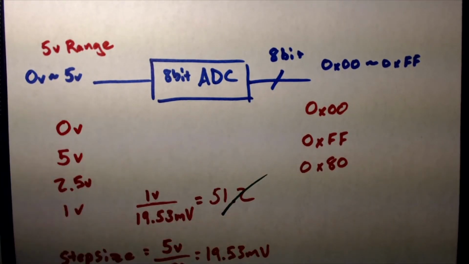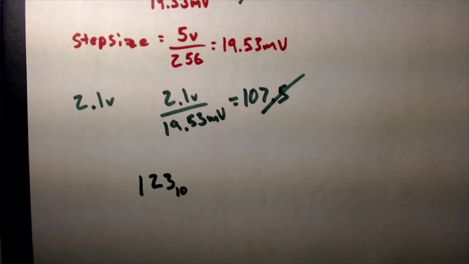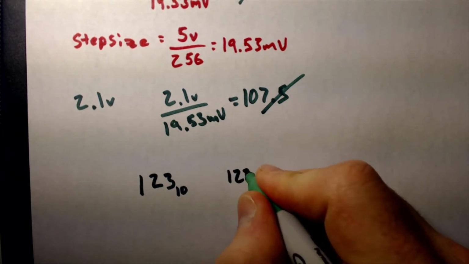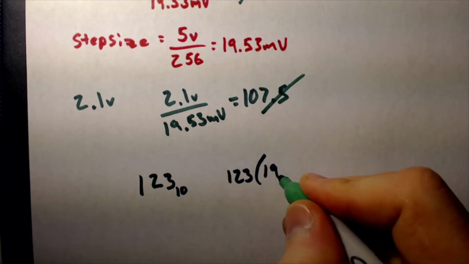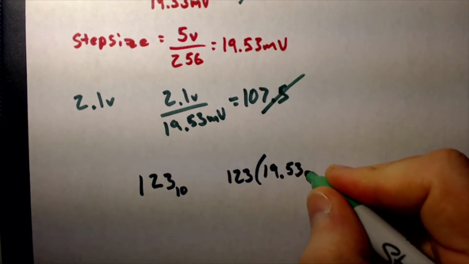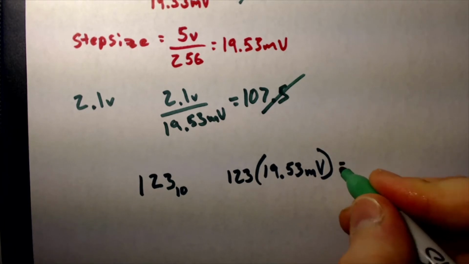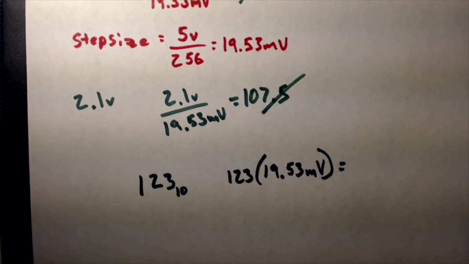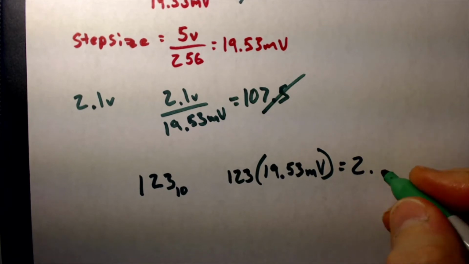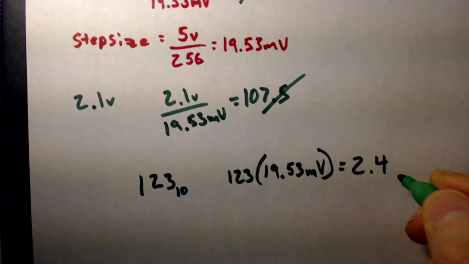What was the voltage? Well, to do that's pretty straightforward as well. You just multiply by your step size. So 123 times 19.53 millivolts equals what? 0.01953 times 123. Okay, apparently we got a voltage on the input that was equal to 2.4.